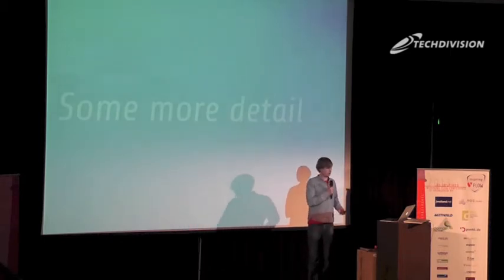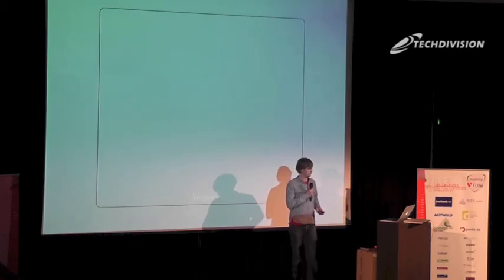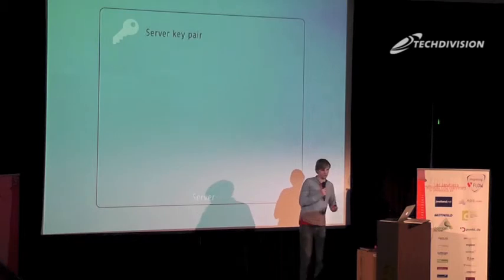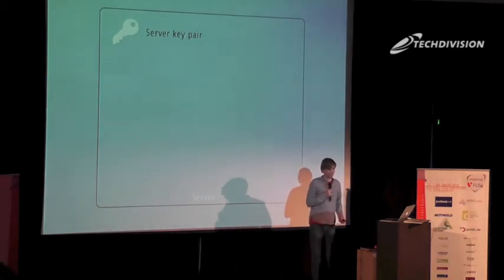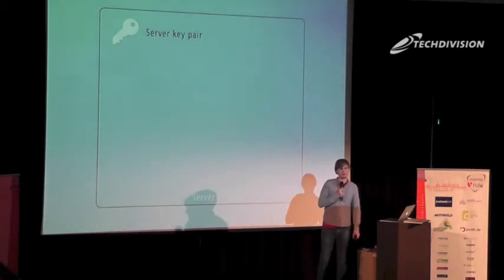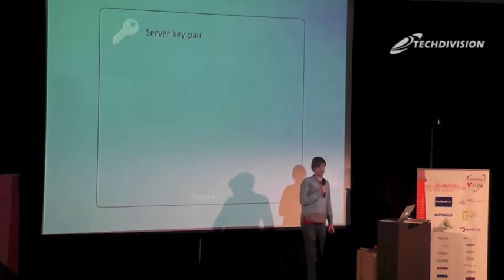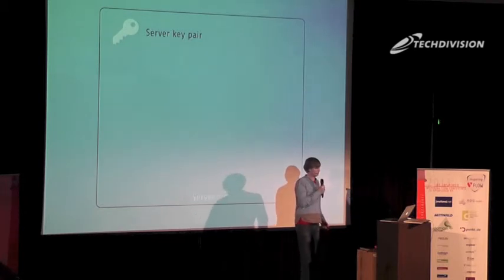So let's have a look at the round trip again with some more detail, now that you have seen first some detail about the setup, sorry. So on the server, what does a server need? The server basically has a server key pair that's a public-private key for RSA encryption, and this will be generated for you on the setup.